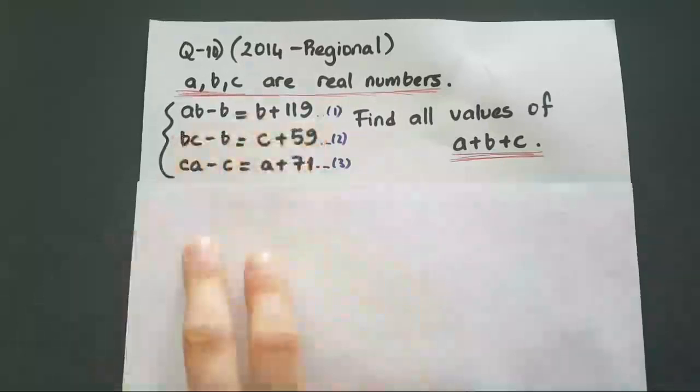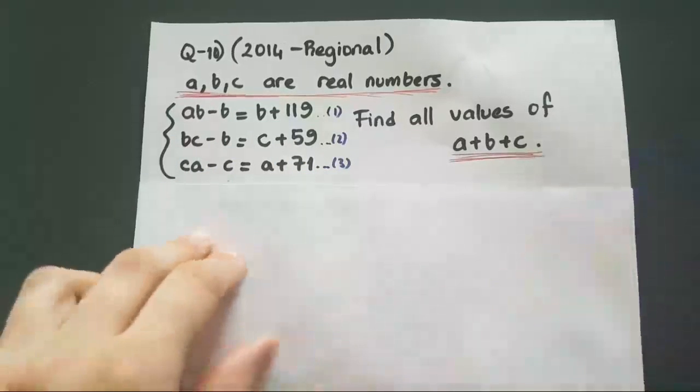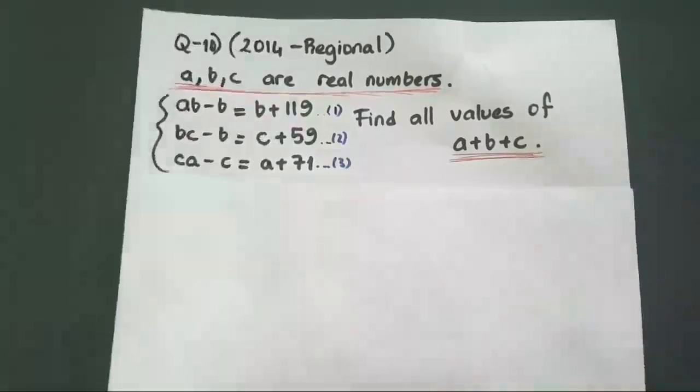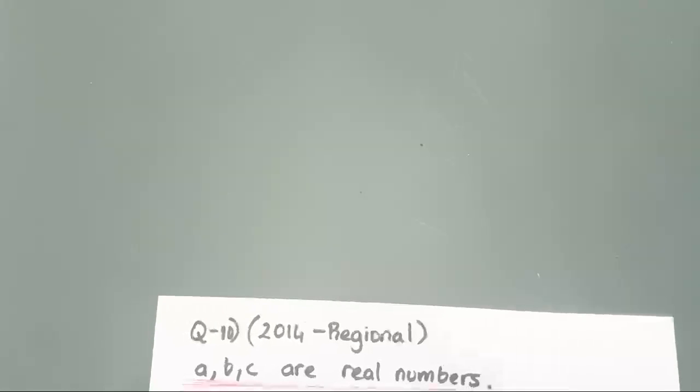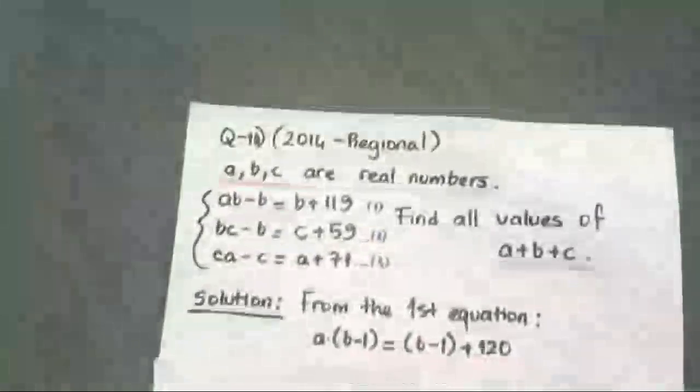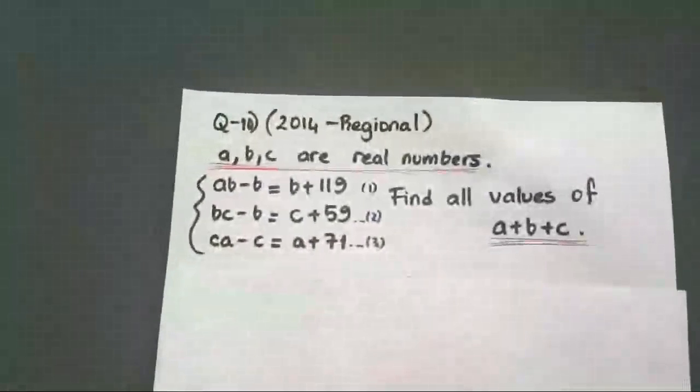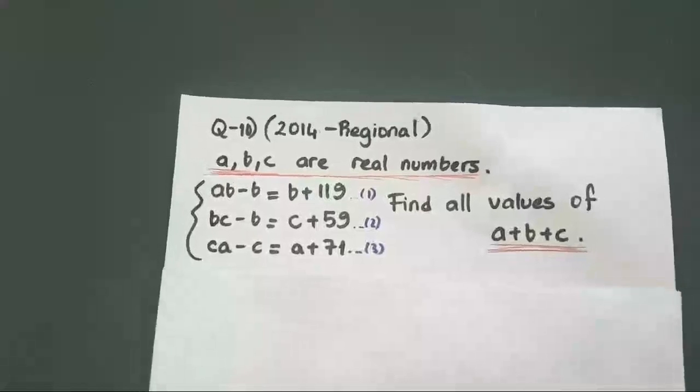You think that AB minus A should be B plus 119. Let me check. I think no. It is like that.